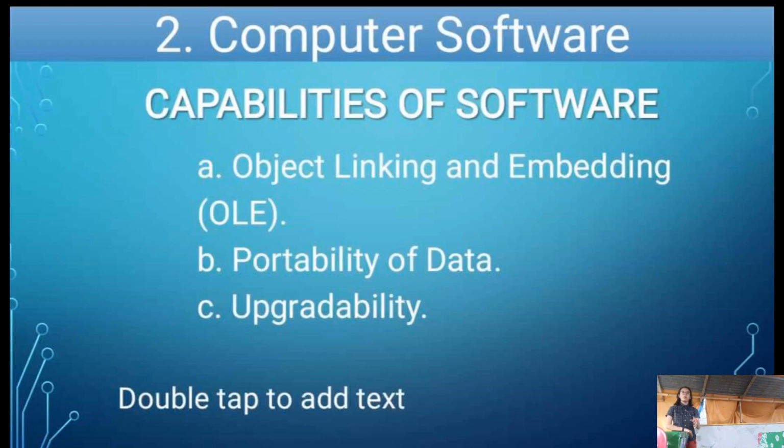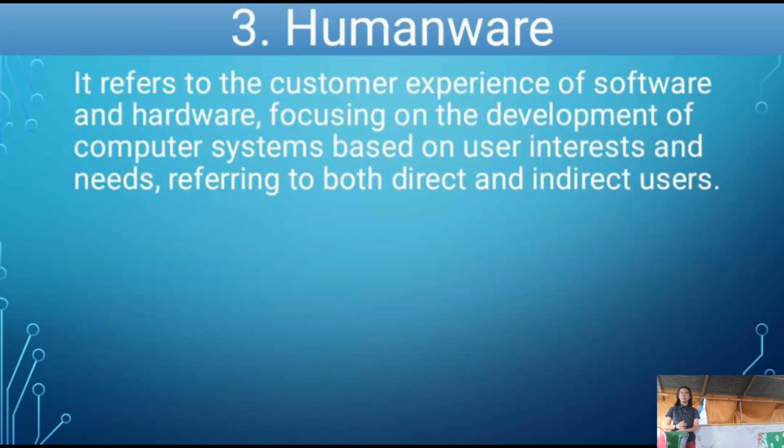Okay, here's the last part of software. Now, here's the last part, the types of operating system. Operating system is humanware. What is humanware? Humanware describes the customer experience of software and hardware.